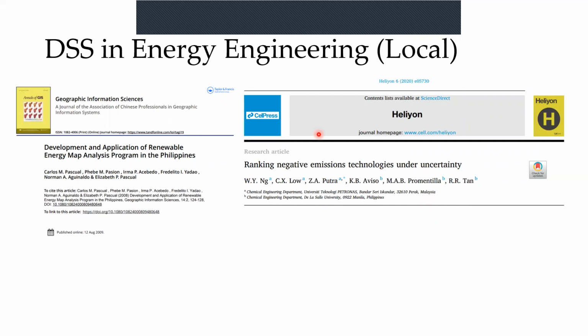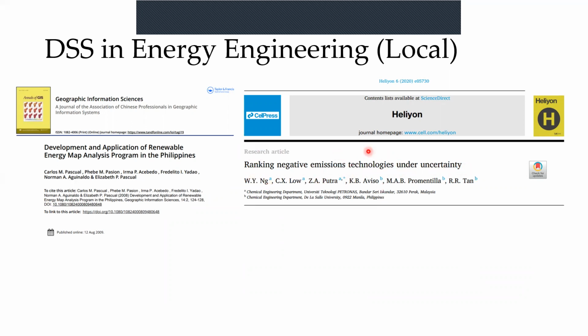Locally, I found these studies. So we have DSS applied in renewable energy mapping in the Philippines. And we also have from our very own Dr. K and Dr. Tan, ranking negative emission technologies under uncertainty.